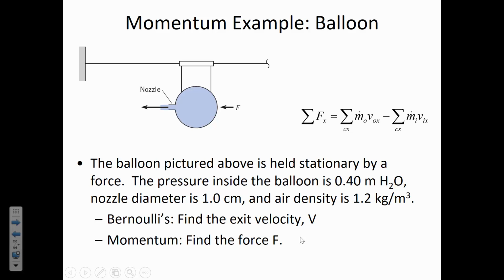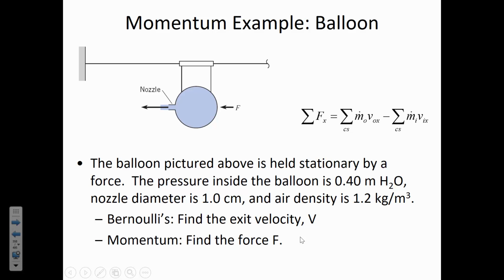The gas is going out in the vicinity of the nozzle, but right here at the center of the balloon the velocity is stationary. We know the pressure there. We can see by inspection that the elevation between location 1 and location 2 is the same.